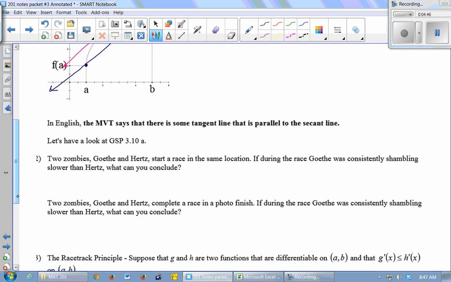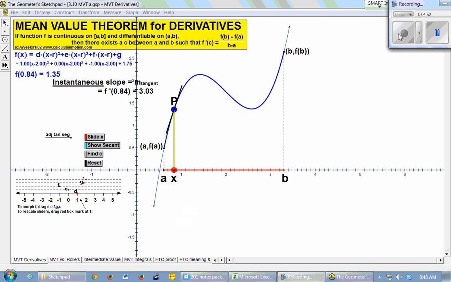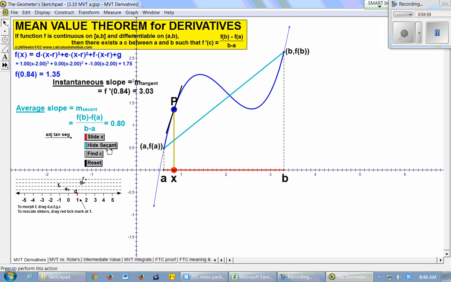All right, I've got a quick little demo. Okay, so here's my little demo. I can show the secant line. So there's my line connecting A to B. And then I can slide x along, and I can see the tangent line, and I go, there's my c, right?